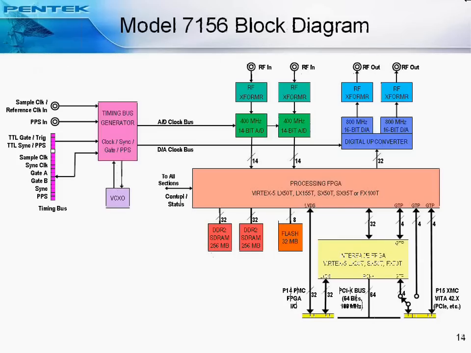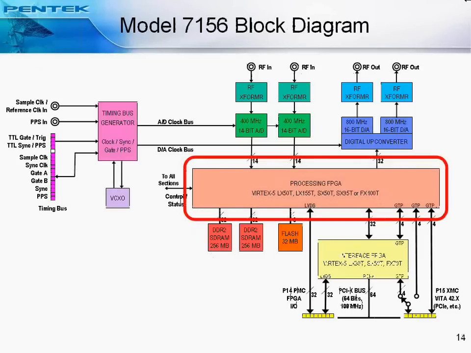In the center of the 7156 are 2 FPGAs. The first is the processing FPGA, responsible for all of the data flows and board housekeeping, as well as doing any processing, either Pentek installed or customer created IP. The second is the interface FPGA, responsible for the PCIX interface, as well as being a second resource for doing processing on the board.